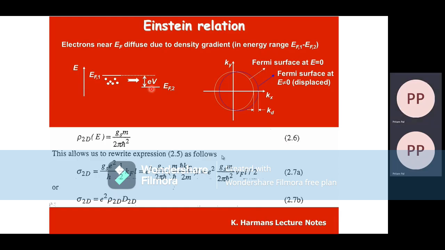In this approach, the important quantity that describes the transport is the density of the electrons in this window of chemical potential difference. E_F is the Fermi energy, and E_F1 and E_F2 give the difference.